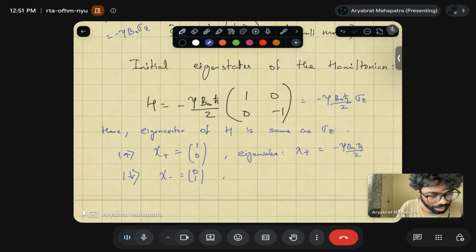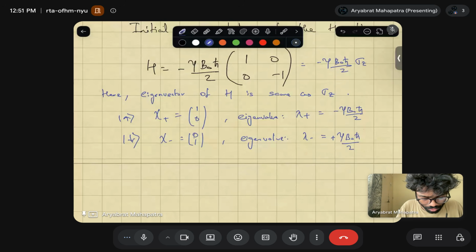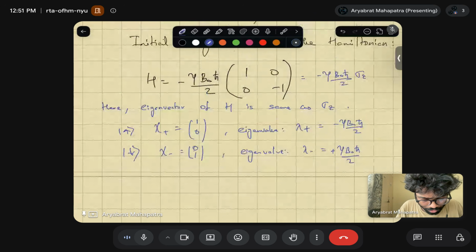If you let the system evolve, how will things unfold? In order to know how the system will evolve, we will use the time dependent Schrodinger equation.